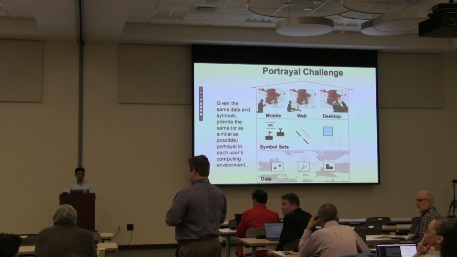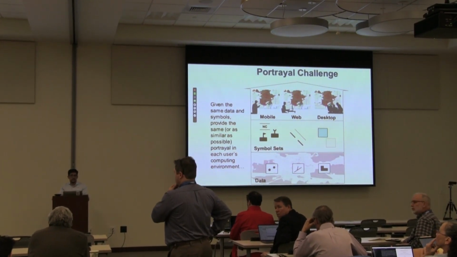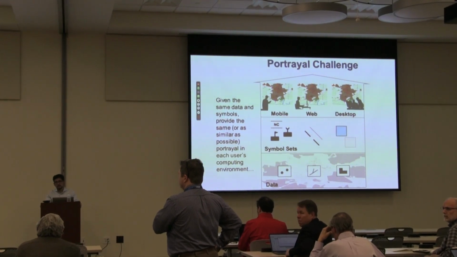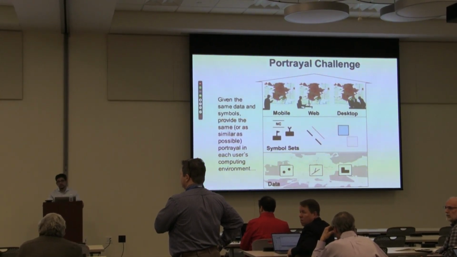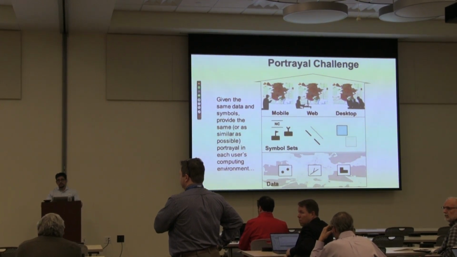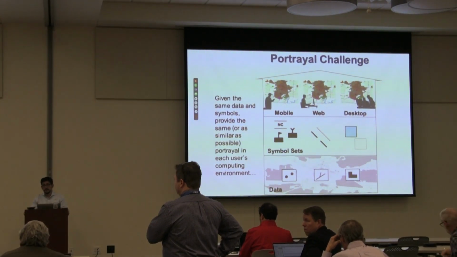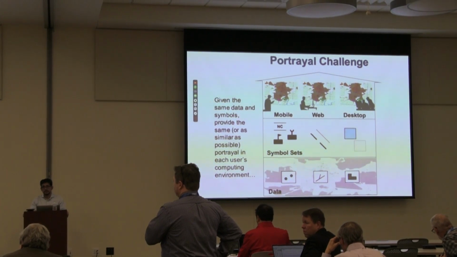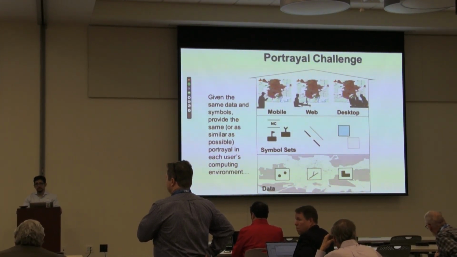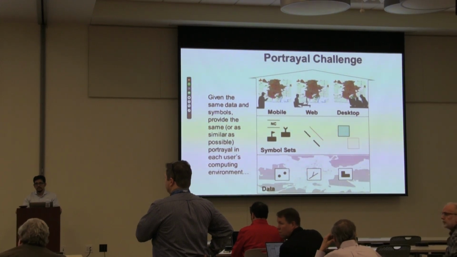I guess the other challenge that I would throw out there is, once you move beyond how you define general portrayal, here in the U.S. and in the European Union, we have ADA requirements, disability requirements, and access to information for disabled users, be it visual, color, line, or tactile issues.